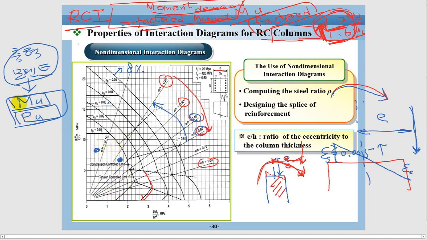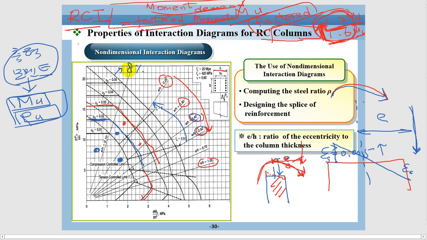So if the MU and PU is here, then we have to use this PM diagram for design. Okay. So if your MU and PU is here, then we have to use this PM diagram for design.